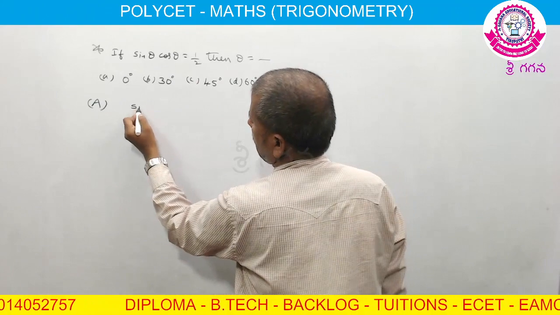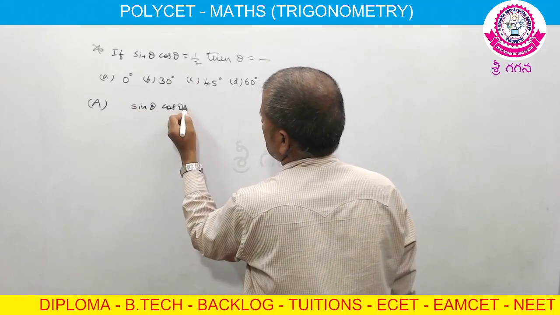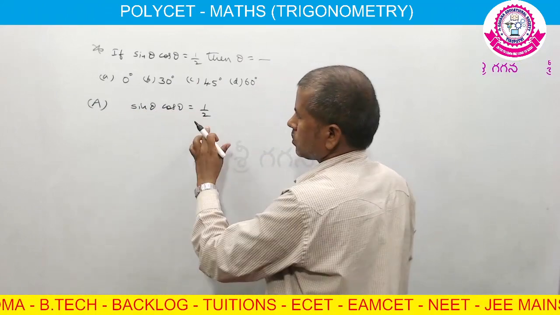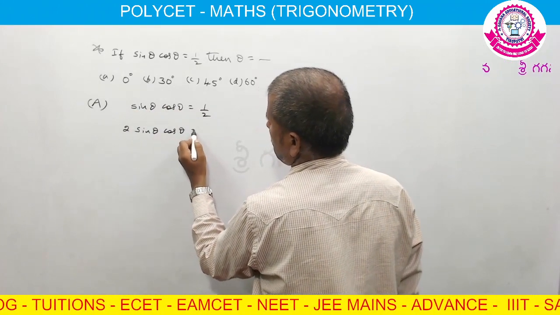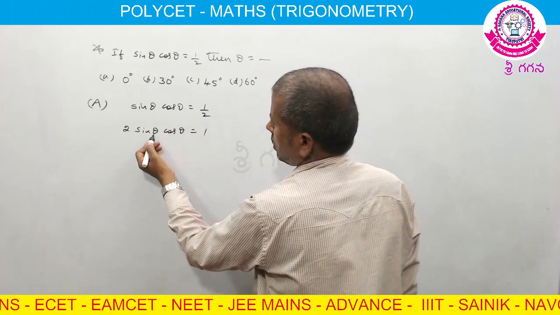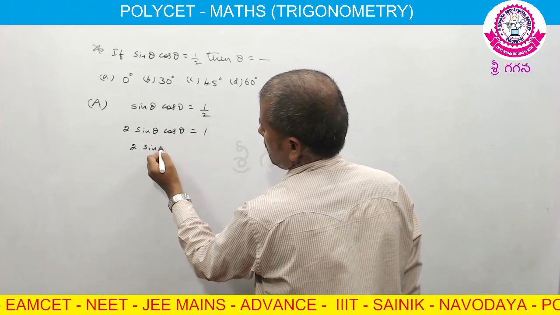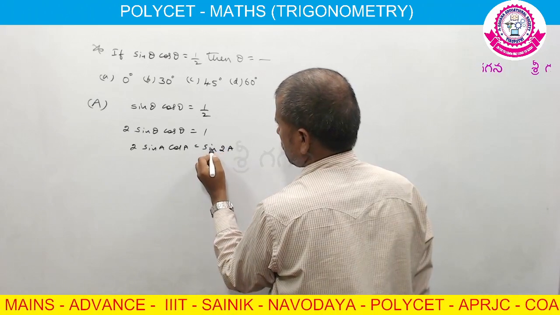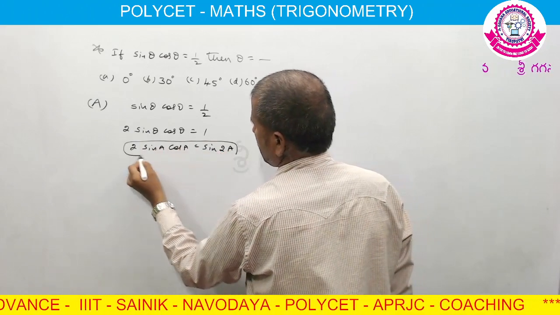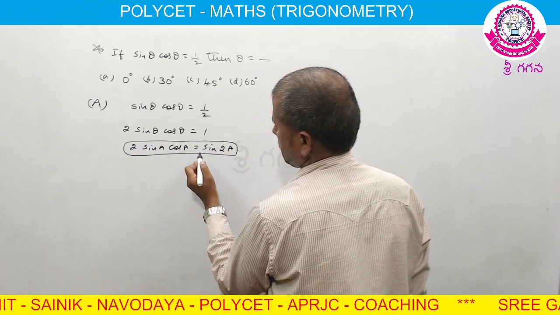Given sin theta into cos theta equals 1 by 2, so cross multiplying, 2 sin theta cos theta equals 1. We know the formula 2 sin a cos a equals sin 2a, which I told you in previous classes.